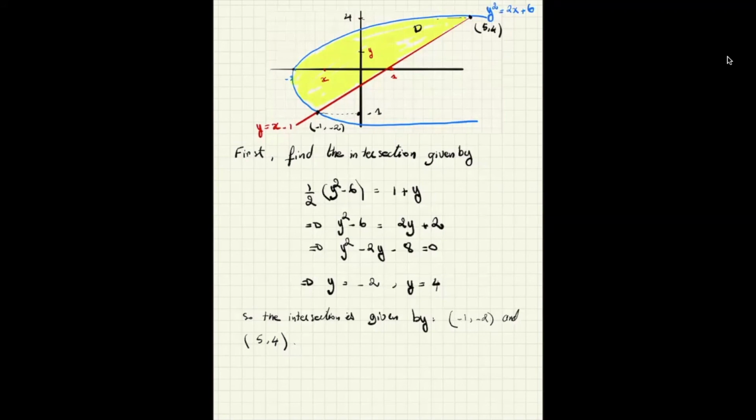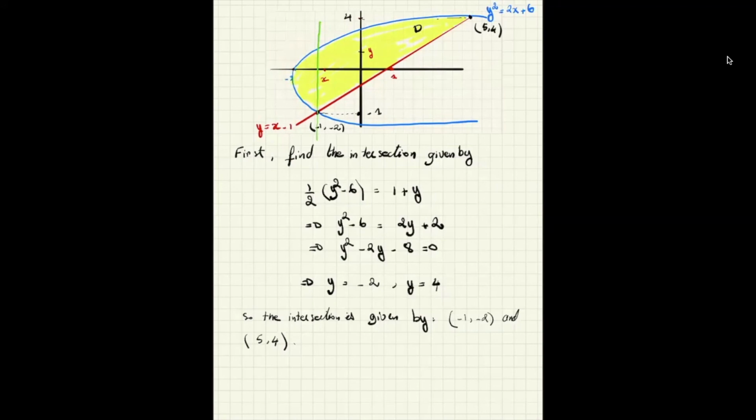If you want to do it like a type 1 region, you have to separate this region into two, and then you will have to do the first integral, that is a type 1 region.